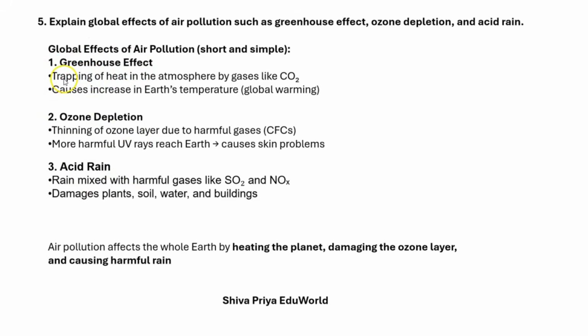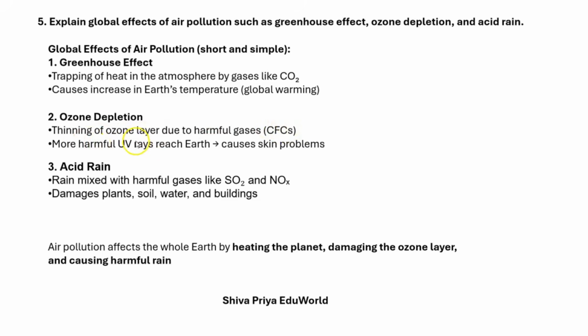Greenhouse effect means trapping of heat in the atmosphere by gases like carbon dioxide, increasing the heat in the atmosphere, which causes an increase in Earth's temperature, the global warming, again the acid rain and all. And ozone depletion: the ozone layer is getting thin day by day, thinning of the ozone layer due to harmful gases, those are chlorofluorocarbons.